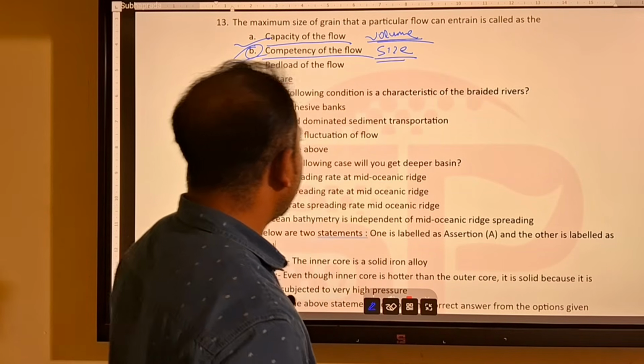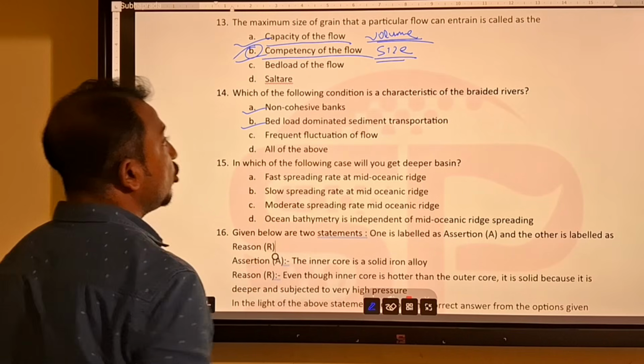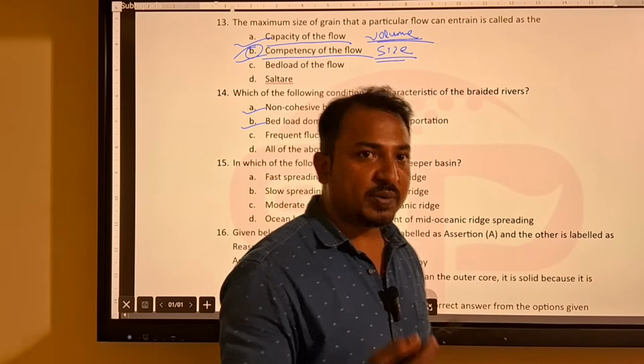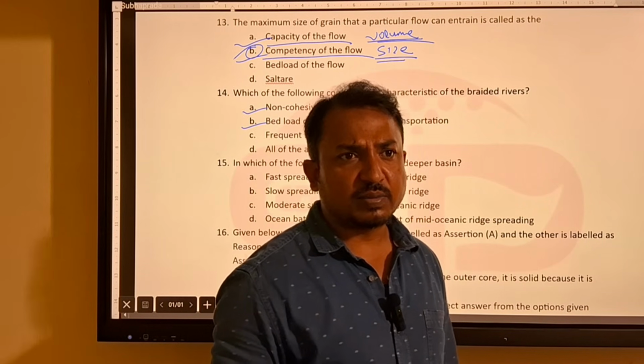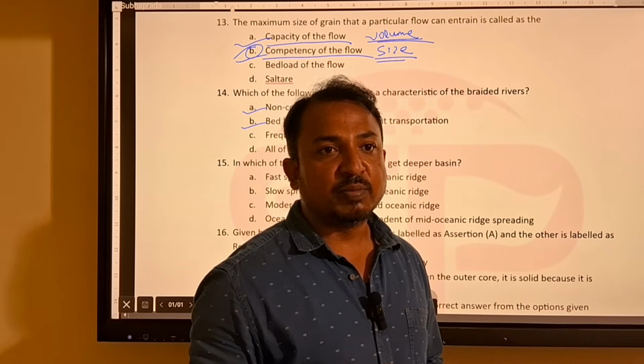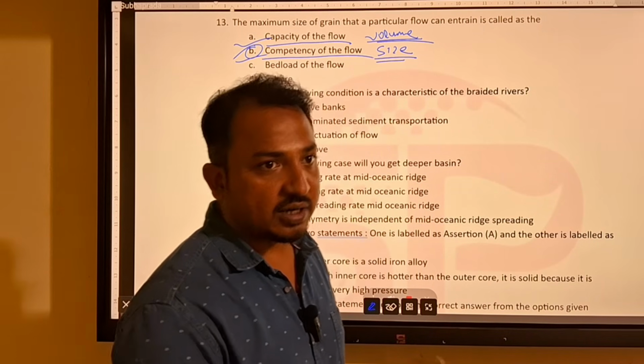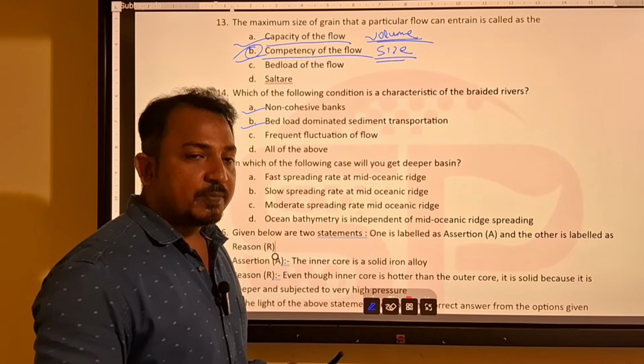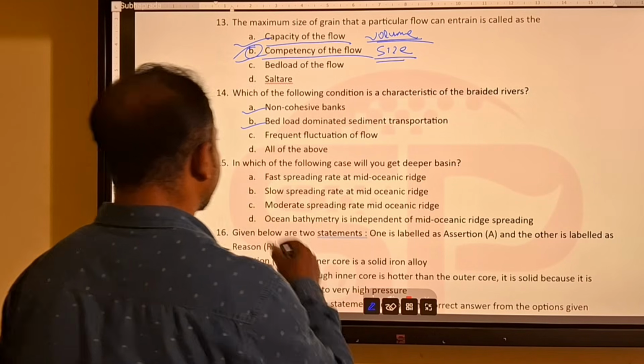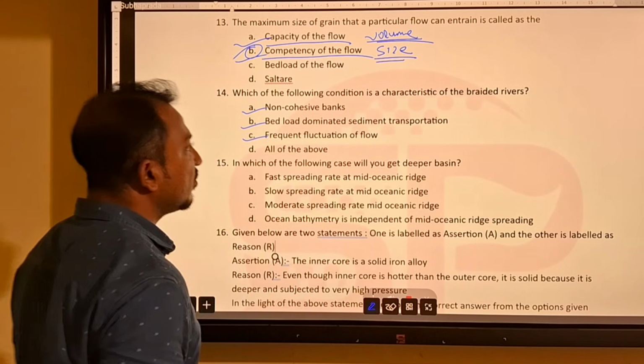That will supply more sediment. Then bed load dominates sediment transportation. If there is more bed load, the river cannot carry that much sediment, so it deposits at the mid part of the river valley. Then frequent fluctuation of flow.